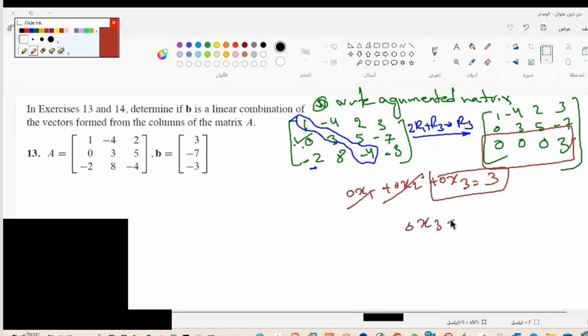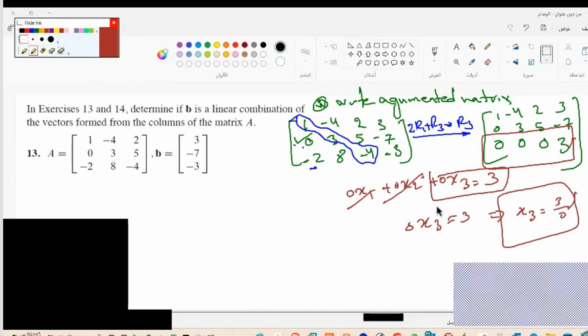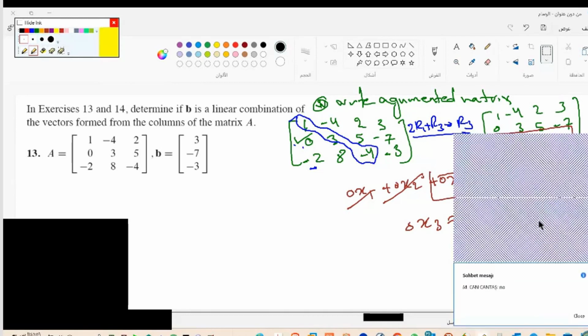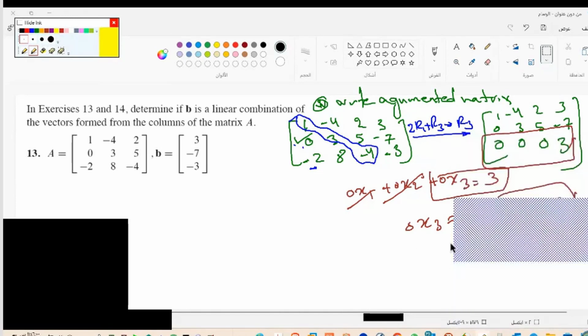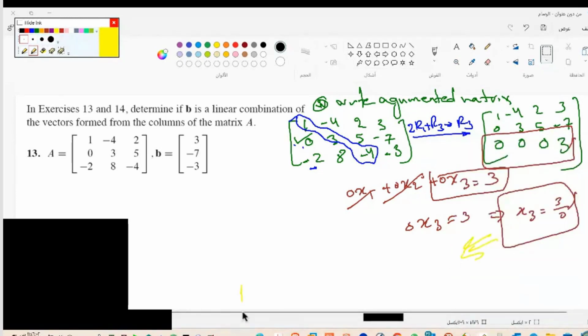That means 0 x1 plus 0 x2 plus 0 x3 equal 3. So ignore the others, I focus on this one. 0 x3 equal 3, that means x3 equal 3 over 0. Is this correct? Jamal, Muhammad, is this correct? No. Exactly, thank you so much. No answer. Finish.